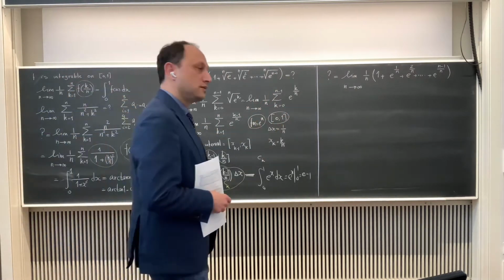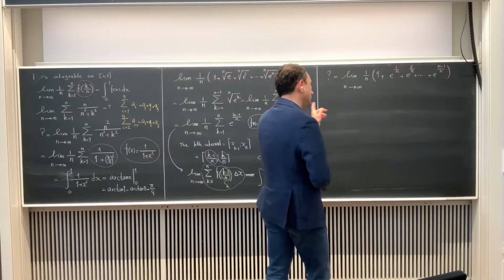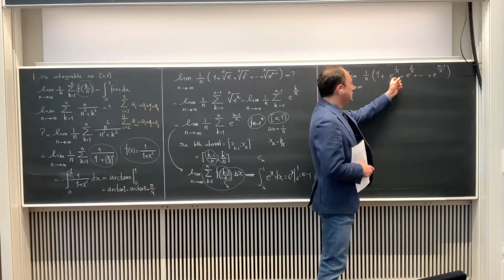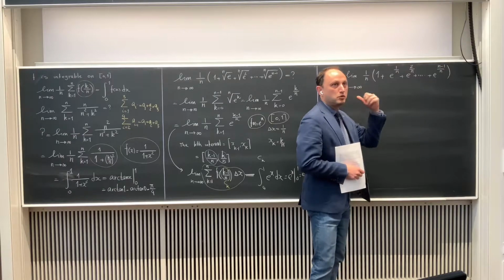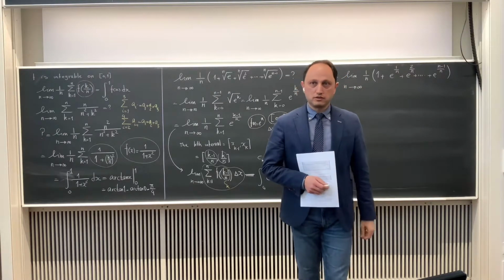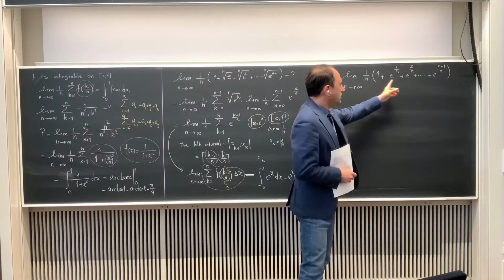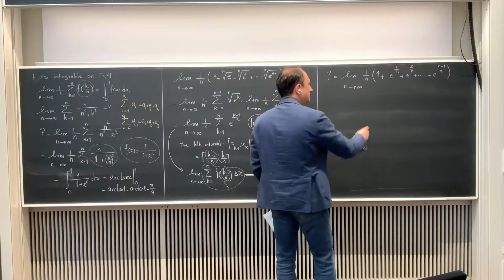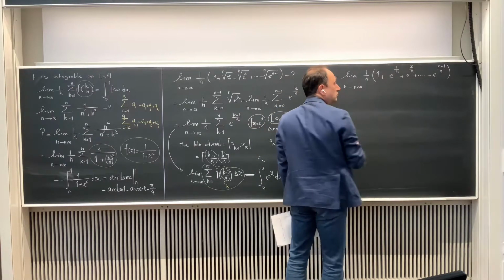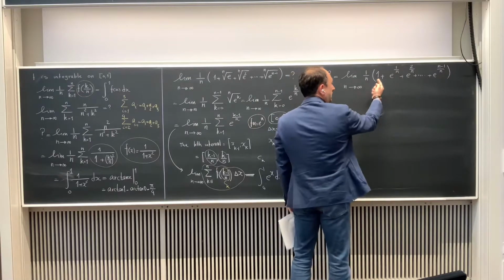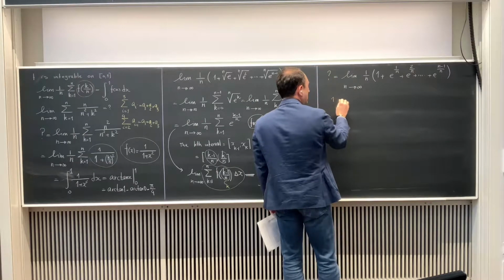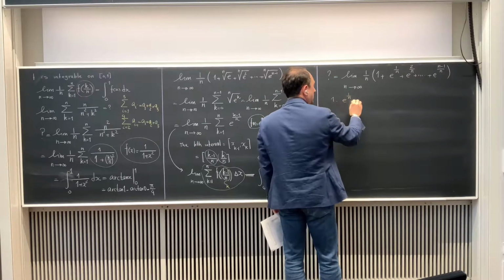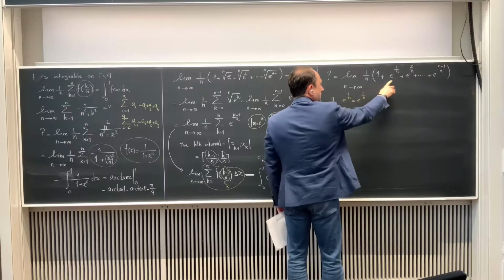Geometric progression is a sequence, a series, so that every term is obtained from the previous one by multiplying by a constant. But what is that constant here? That constant is e to power 1 over n. If I take 1 and multiply it by e to power 1 over n, it generates the next term.